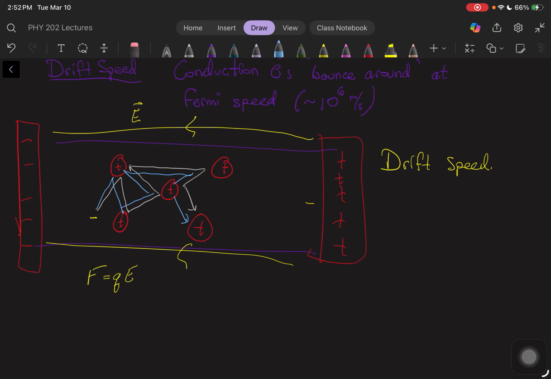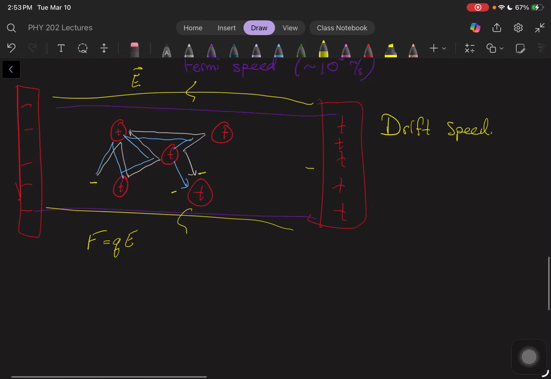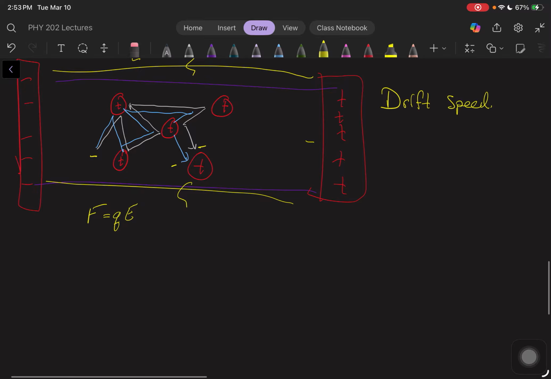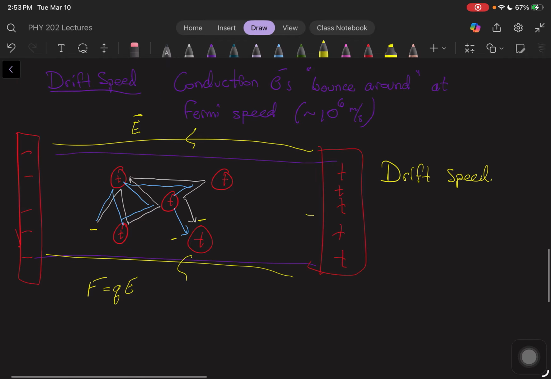If we look at the two electrons, maybe the one that's drifting ends up right here, and the one that isn't drifting ends up over here, over the same journey. It's not a huge difference. It's just going to coast a little bit to the right from every interaction. Nothing too drastic. It's not going to fully change the direction. It's still semi-randomized, but it's influenced to go in one direction now. And that's drift speed.